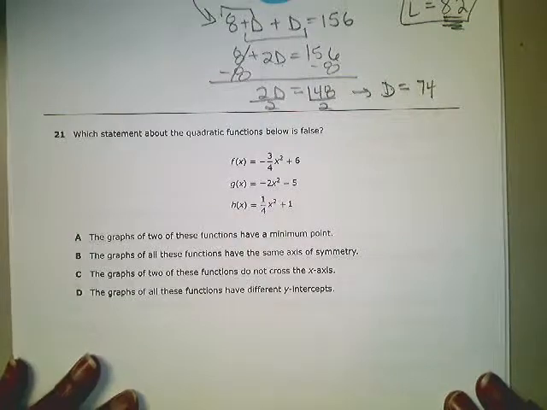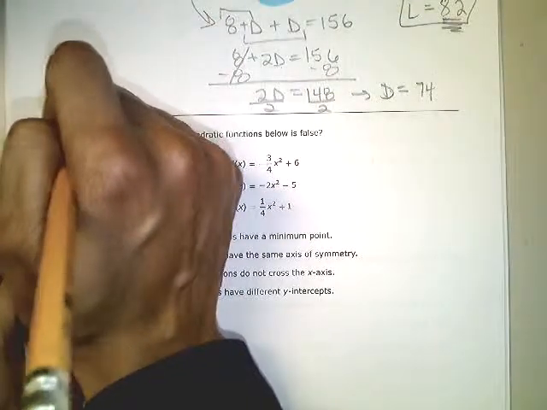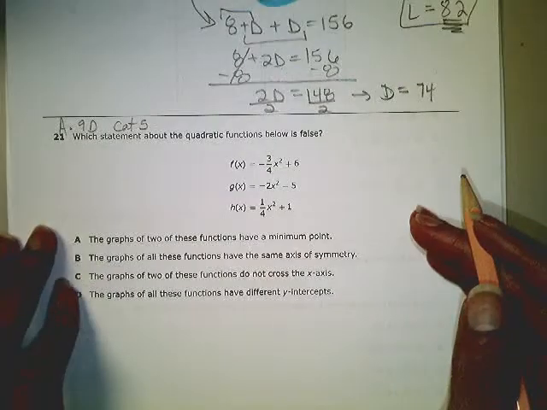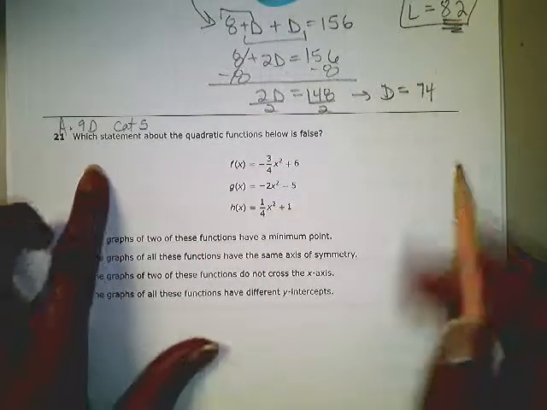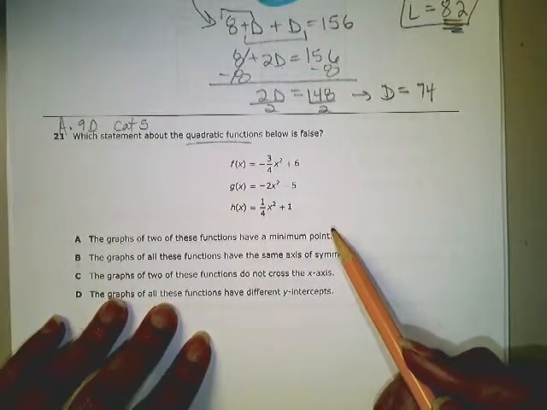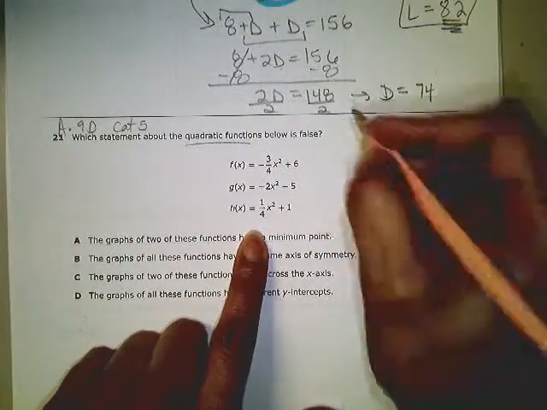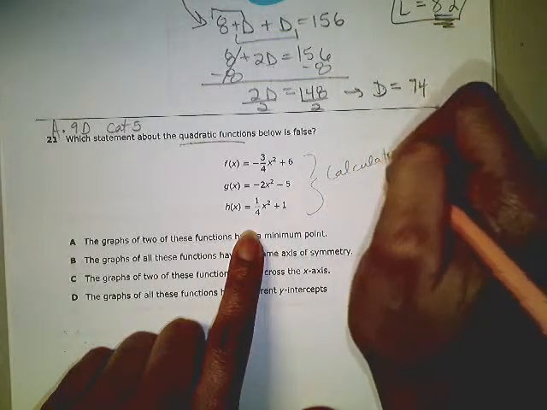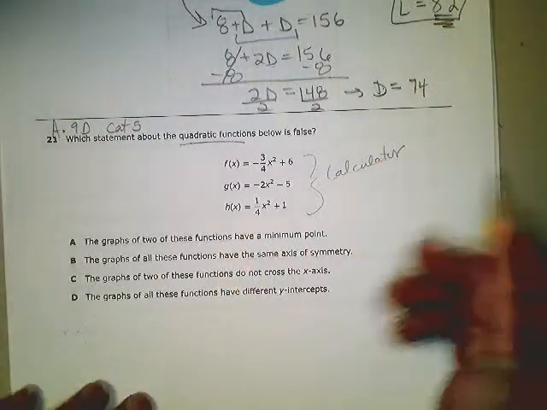Last problem on this video, number 21. This is 8.9D, category 5. Which statement about the quadratic functions below is false? What I would do is just put all of these in the calculator and look at it, and then kind of draw it.